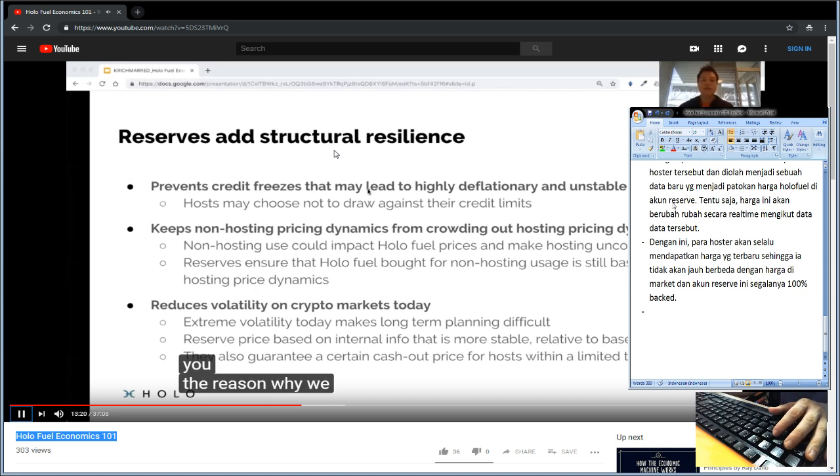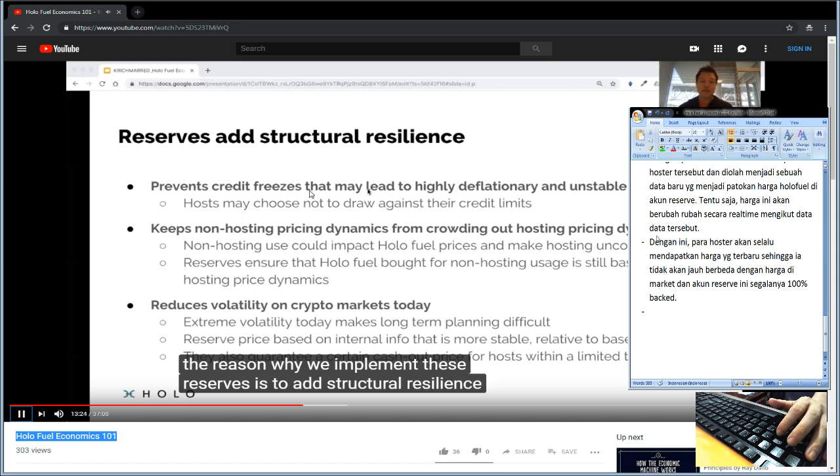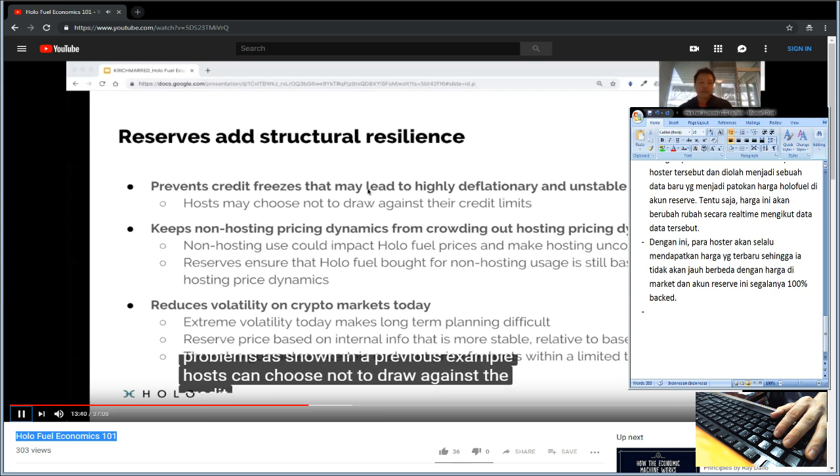The reason why we implement these reserves is to add structural resilience and to ensure that Holo Fuel is an effective tool to facilitate hosting. In particular, it helps to solve several problems. As shown in the previous example, hosts can choose not to draw against the credit limits.